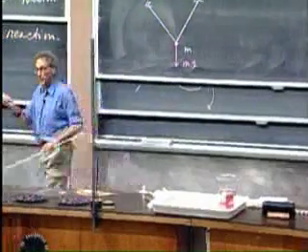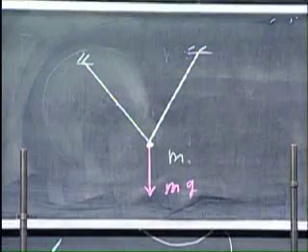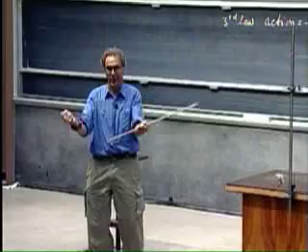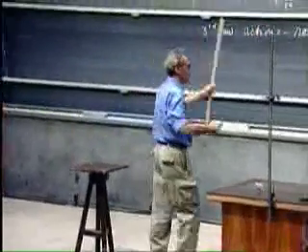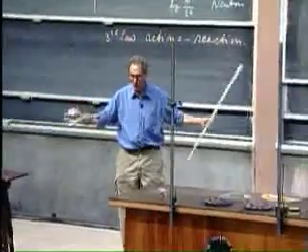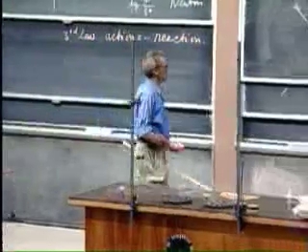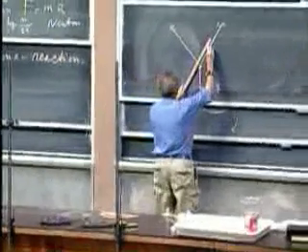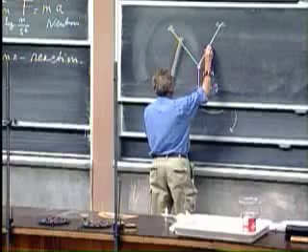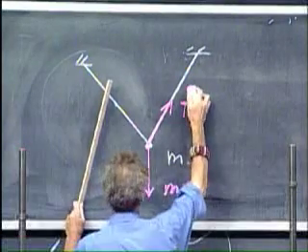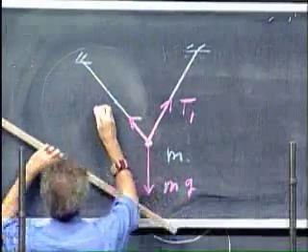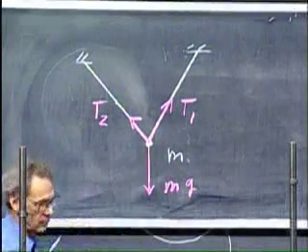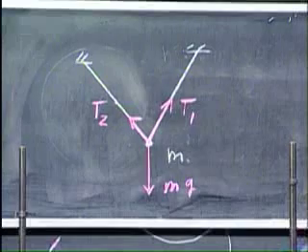This object is hanging there, it's not being accelerated, so the net acceleration must be 0, and so one string must be pulling in this direction and the other string must be pulling in this direction, so that the net force on the system is 0. Let's call this pull for now T1. We call that the tension in this string. And we call the tension in this string T2. And the question now is, how large is T1 and how large is T2?